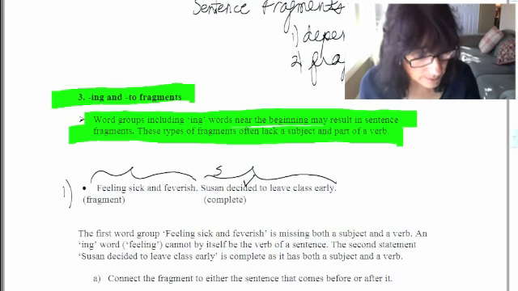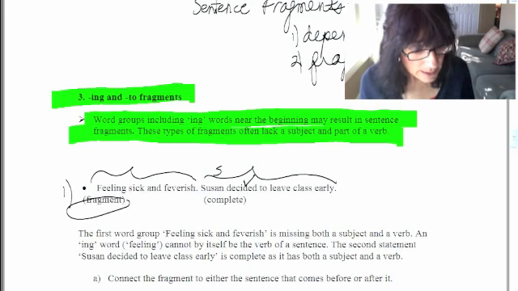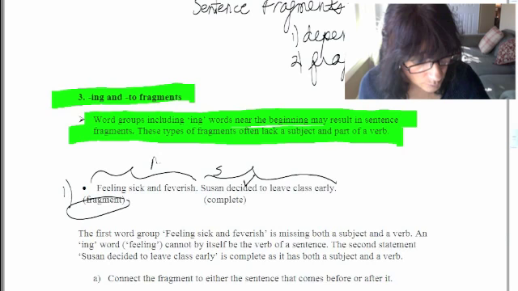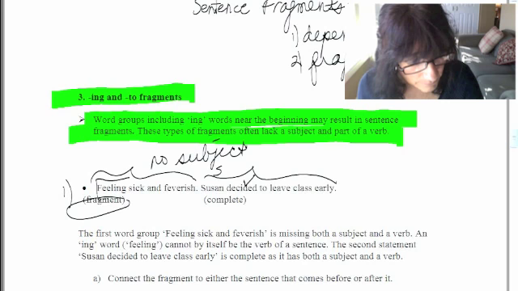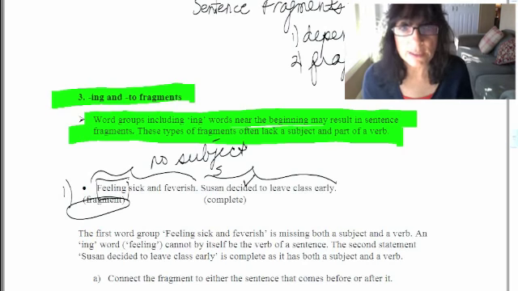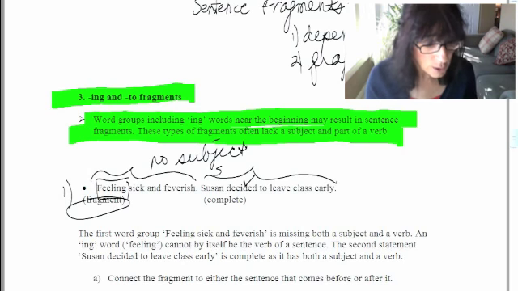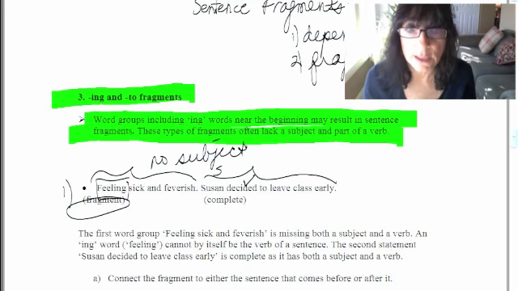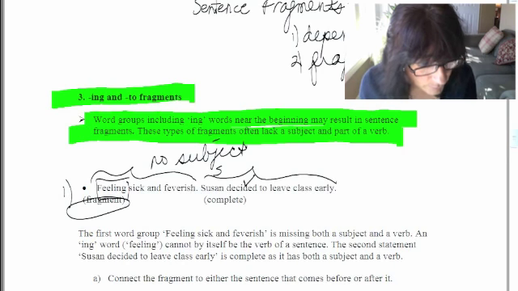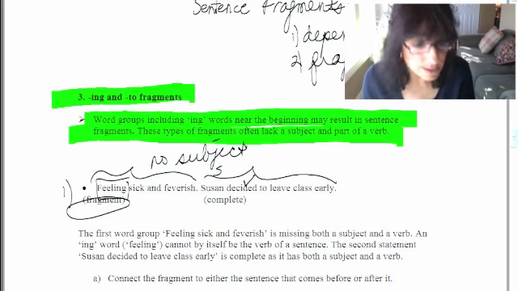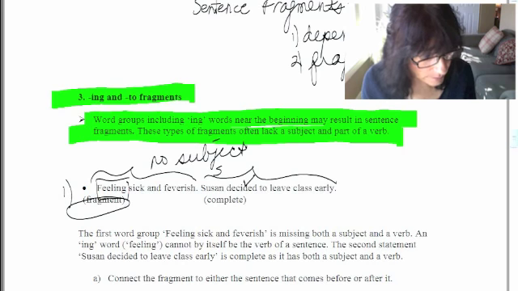That is a fragment. Reason being, there's no subject, you don't know who's feeling sick and feverish, and there's only part of the verb, feeling. You might have to say he was feeling or she was feeling. So you only have part of the verb in feeling and absolutely no subject. So this becomes a fragment.